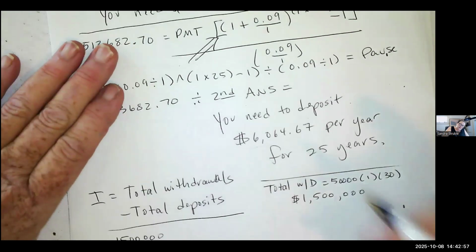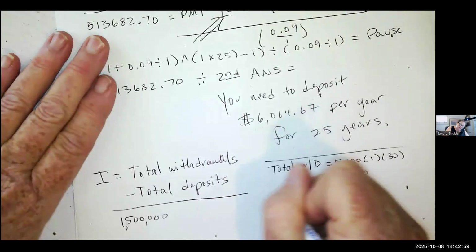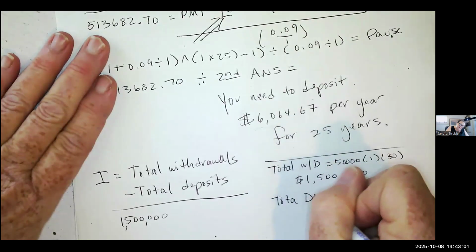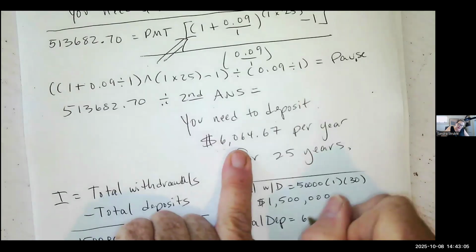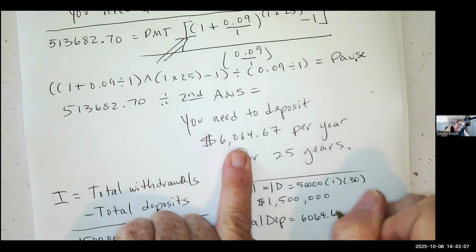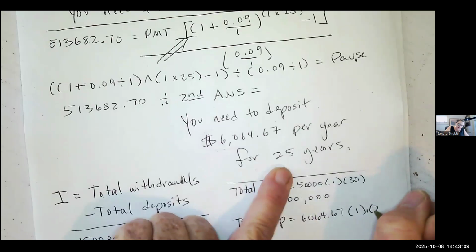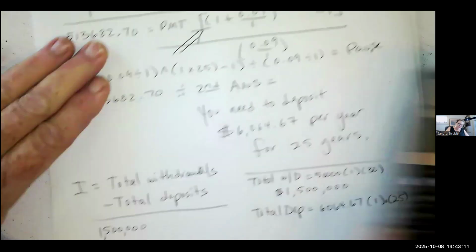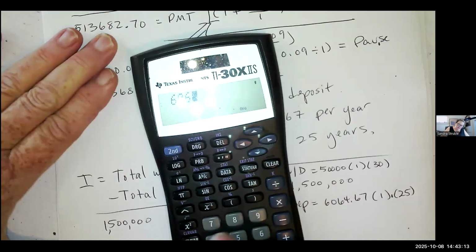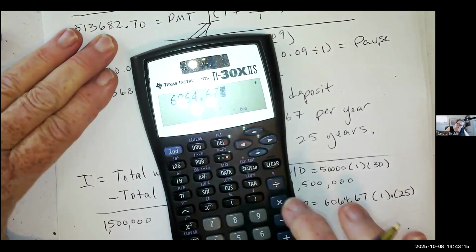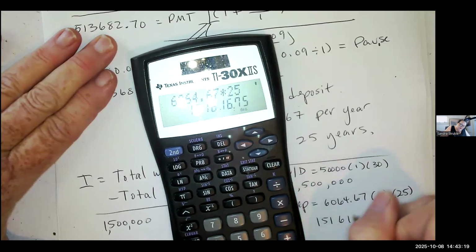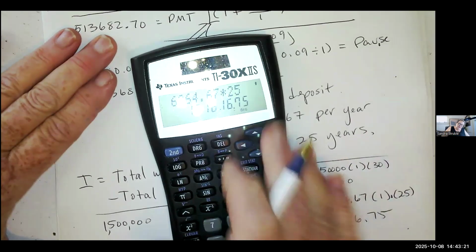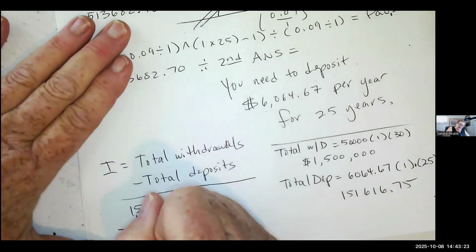How much are we depositing? Total deposits. The deposits are $6,064.67 per year for 25 years. But that's how much we deposited. So we subtract them.